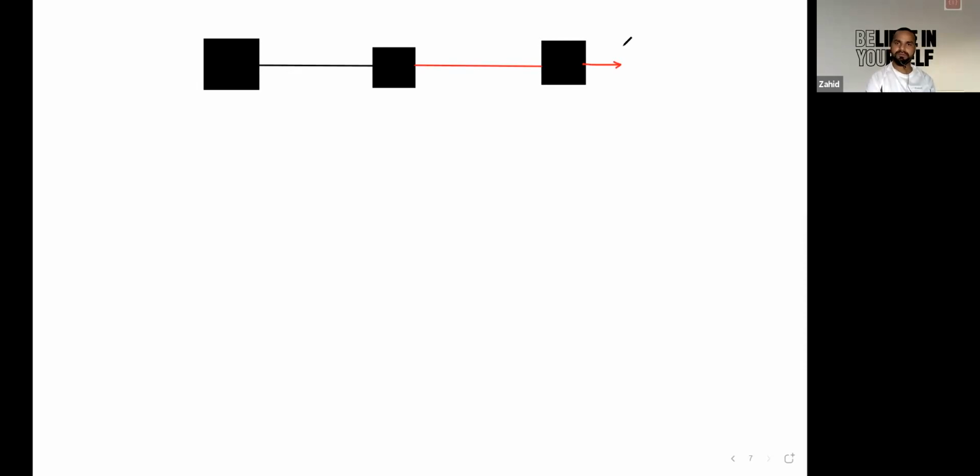This is experiencing a force of 15 Newton towards right, and this is experiencing a force of 3 Newton towards left. Let's say this is 3 kg, 1 kg, and 2 kg.